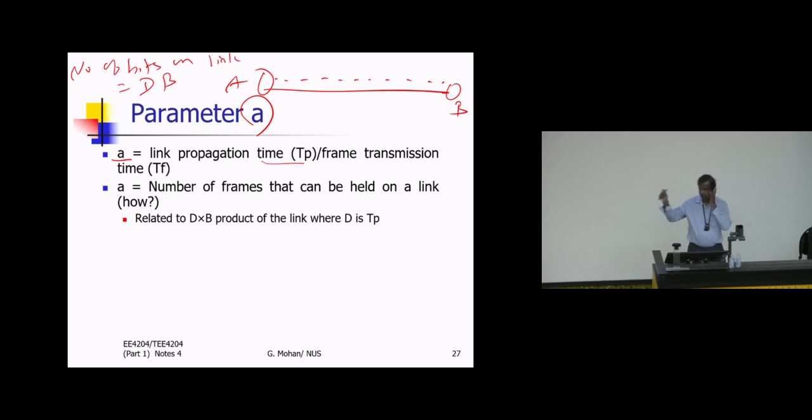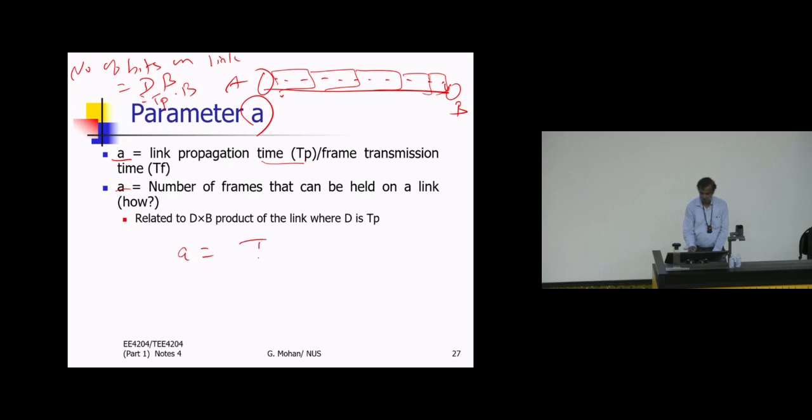How many bits will be there on the link? That is dB. dB here is TP multiplied by B, because d here is nothing but the propagation time TP. But if you divide this into frames, how many frames can be held on a link at any time? Let's say some frame is here, some frame is being transmitted here. There are many frames existing on the link. That gives small a.